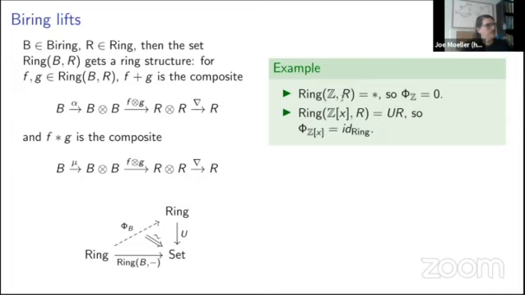So since Z is initial in the category of rings, there's only one ring homomorphism into any other ring. And so the ring structure that you can give to this is always just going to be the trivial ring, and the functor is the constant zero ring functor. Then the ring of polynomials is free on one generator, and so the ring homomorphisms out of it are exactly the elements of the ring that you input here, and so this represents the identity functor on rings.